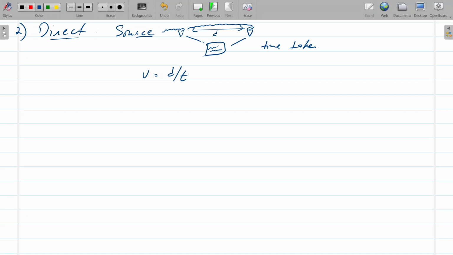Okay, so obviously that is a much easier method, but then you need the microphones and the computer and the setup and everything. Now this method can also be used to measure the speed of sound in different materials. For example, I want to measure the speed of sound through a metal bar.